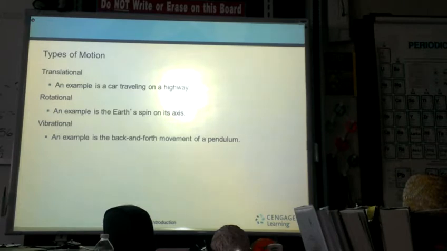And then there's vibrational. Vibrational, we're really not going to get into until the very last chapter this year, which is going to be oscillations, because that's going to be an example of the back and forth movement of a pendulum. We thought a lot about vibrational last year in AP Chem when we thought about solids, because you know that they have some type of vibrational movement.